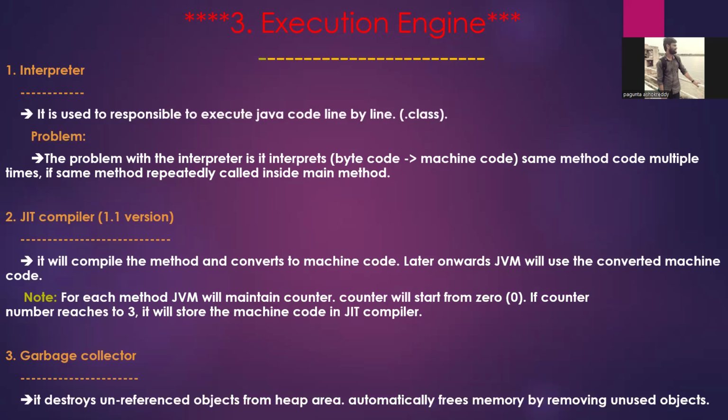Then the garbage collector. What is the use of the garbage collector? It destroys unreferenced objects from the heap area, automatically freeing memory by removing unused objects. If an unreferenced object is there, the garbage collector will destroy it. Internally, the garbage collector calls the finalize method. What is the use of the finalize method?